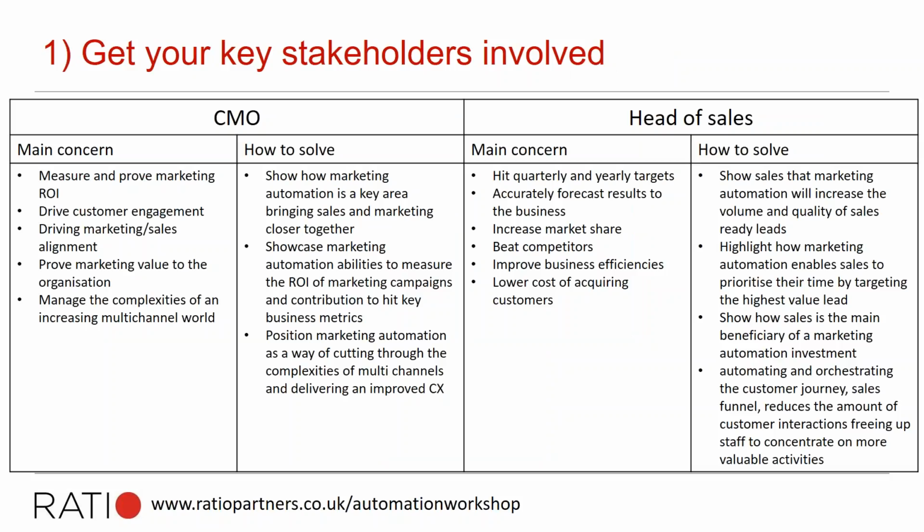It's important to understand what their main concerns are and how this specific project helps to overcome those objectives. With your CFO, they're focused on operational efficiencies, for example. They're focused on keeping the costs down. So how do you position a project like this to say, yes, it requires investment, but over the longer term, we're going to get a return on that investment?